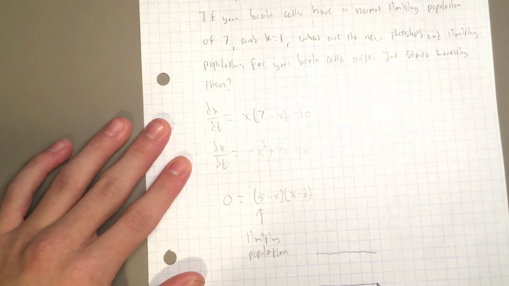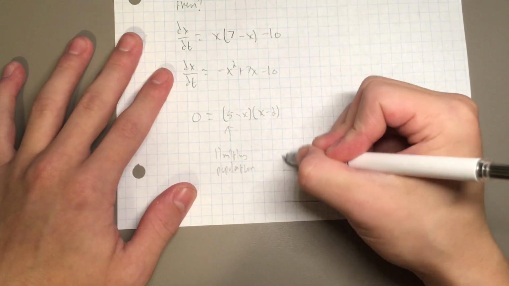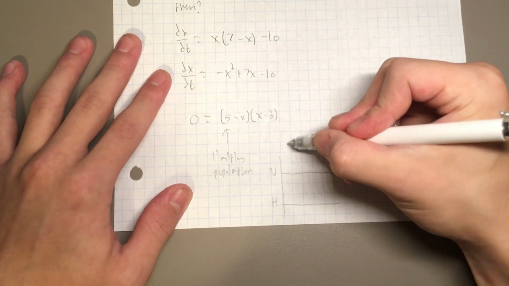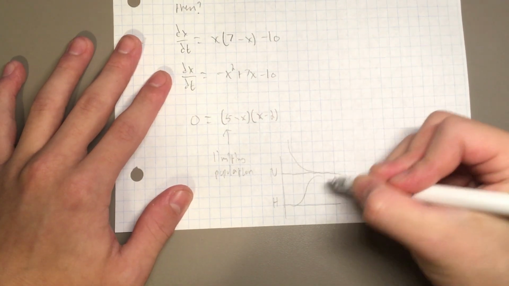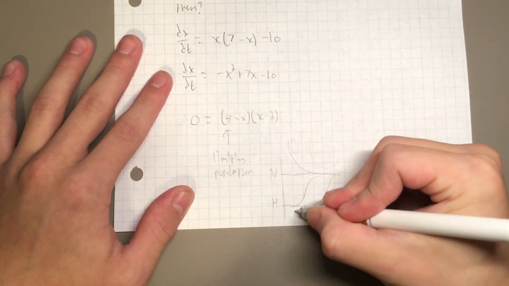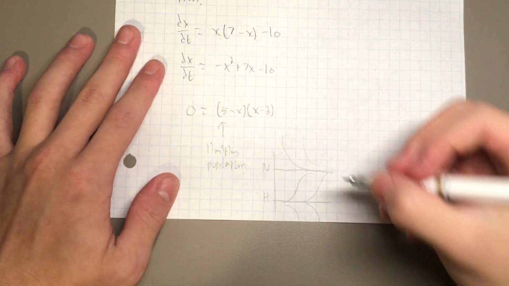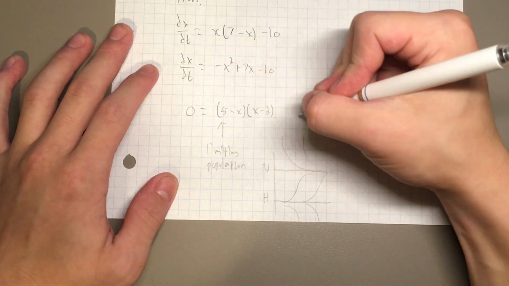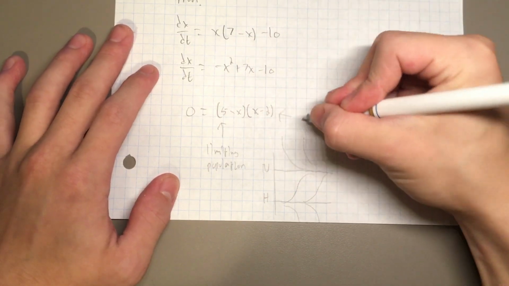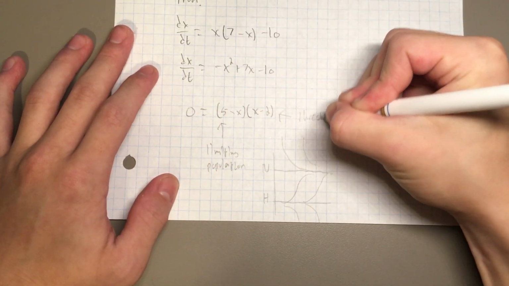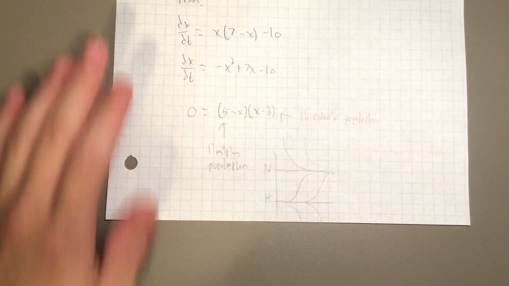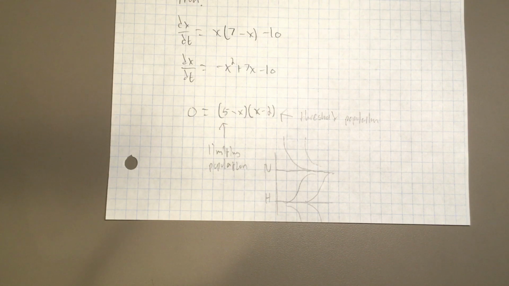Like if you imagine this is the graph, and this is n, this is h, you're going to have something looking like this. So n is going to be the limiting population, which in this case is 5, and that makes 2 the threshold population. So good job if you got that.